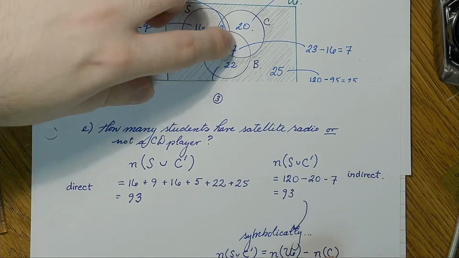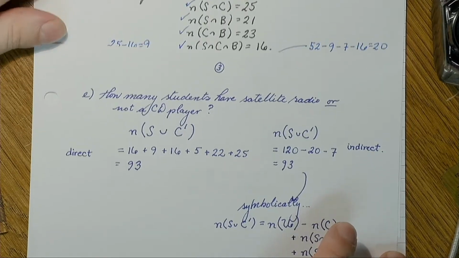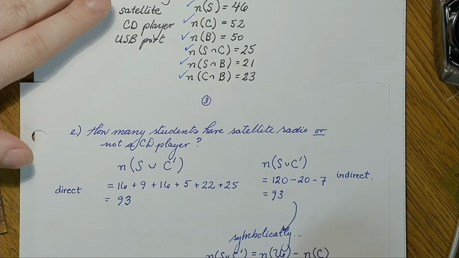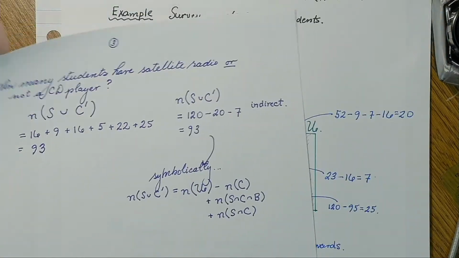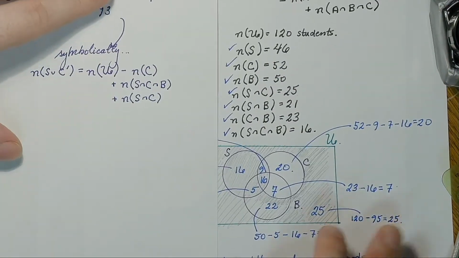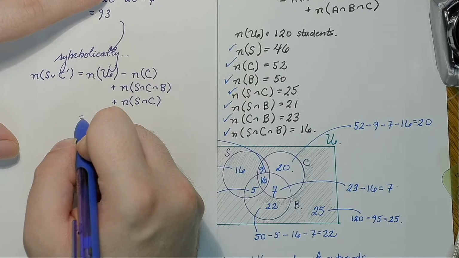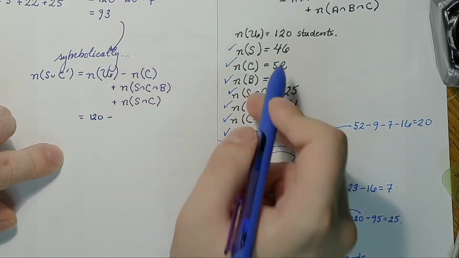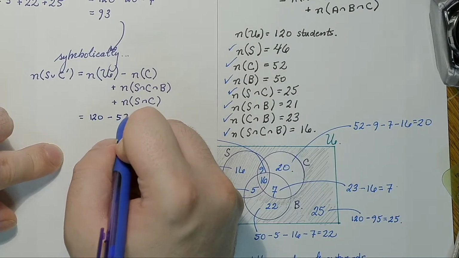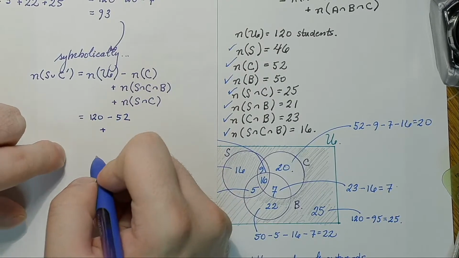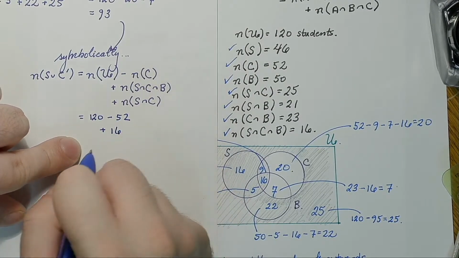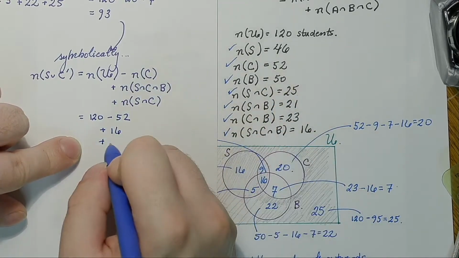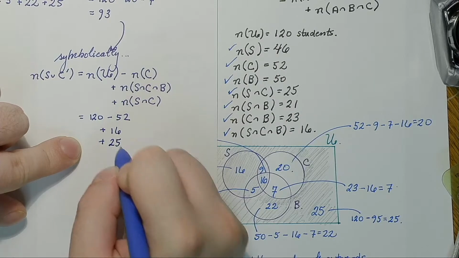So if I didn't have this, I would just go back and look at my data. I had my total universe, which was 120. I subtracted the C, which was 52. I'm going to add back in the intersection 16 and also S and C, which is 25.